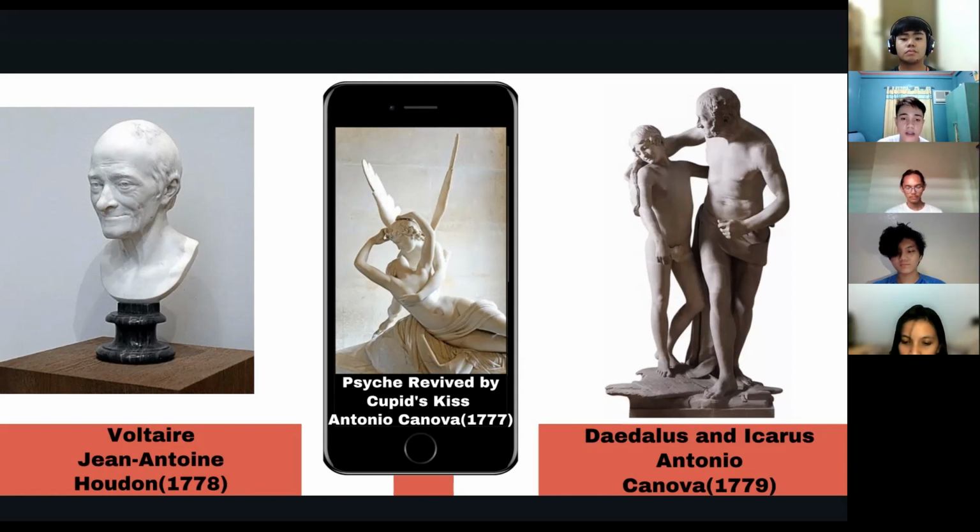According to the legend, he was doing this so that both he and his son might fly away and avoid imprisonment. The bust was a representation of Daedalus, who was believed to be the mythological ancestor of all artists.